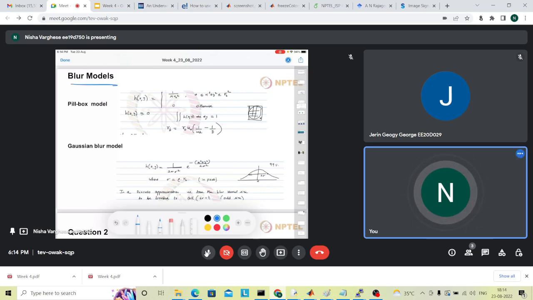So the first blur model is pillbox model. So here we have the same value for all the x and y. So h of xy is the impulse response of the lens. Then that can be written as 1 by pi r b square.